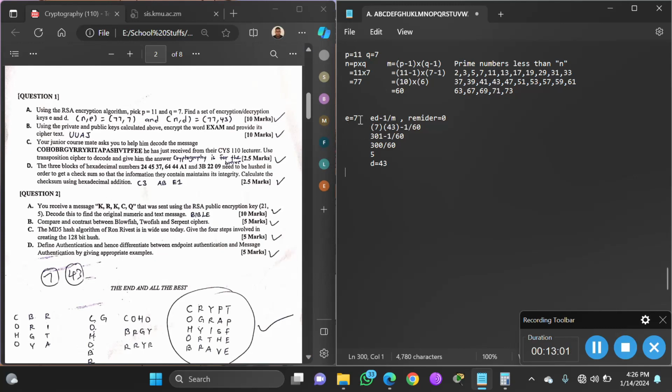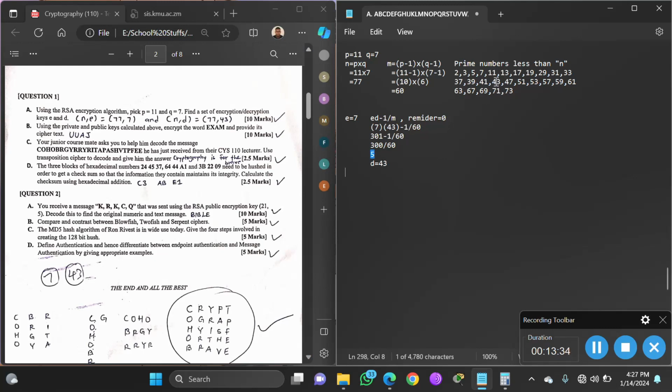Now we said after finding E, it can help us find D, because D has a formula, which is ED minus 1 over M. So knowing the value for E, which is 7, we need to find the value for D. This was just blank, then minus 1 divided by 60, which was representing M. We were testing each prime number in this formula so that the answer should give us a remainder of 0, or a whole number.